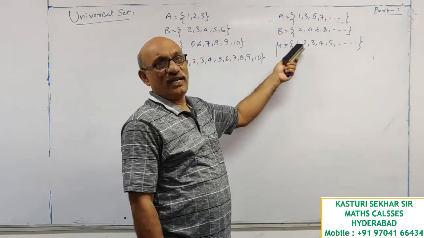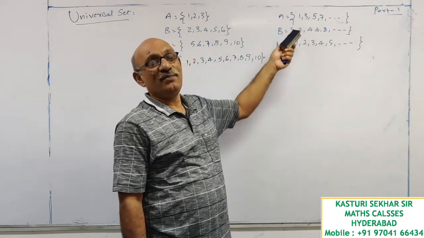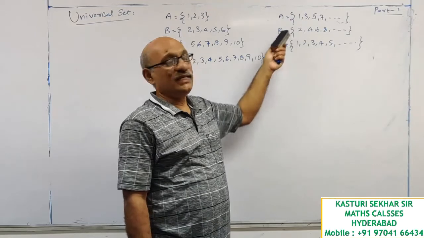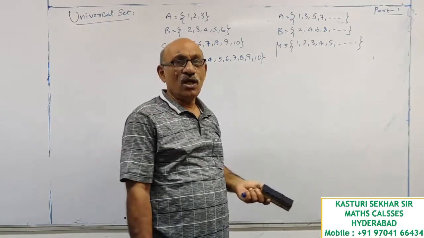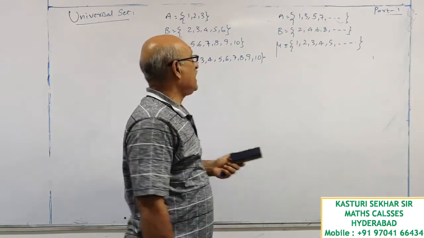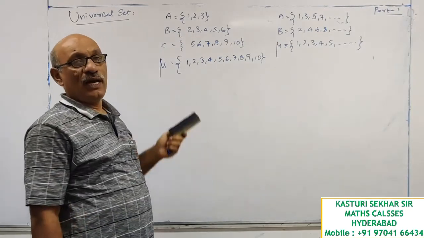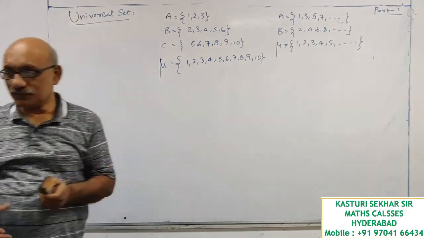So a universal set is a set which contains the elements of the 2 sets in this given context. This is called a universal set, and it is represented by mu.